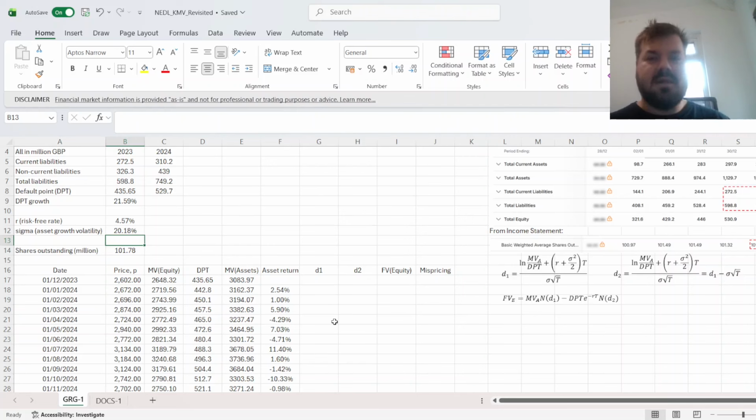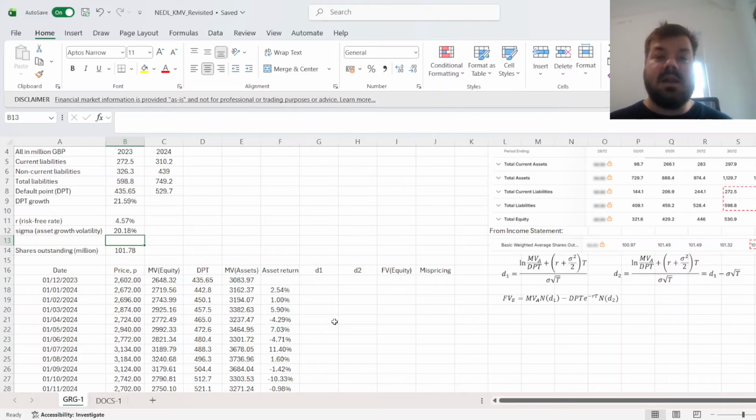But everything in terms of asset value that exceeds the default point or the value of debt is something that shareholders can claim for themselves, which makes the payoff structure of a stock investment in this particular framework very similar to what a call option would provide to a call option holder. Simply because a call option requires some initial investment, the premium, and it pays the investor everything in excess of the strike price as its net payoff.